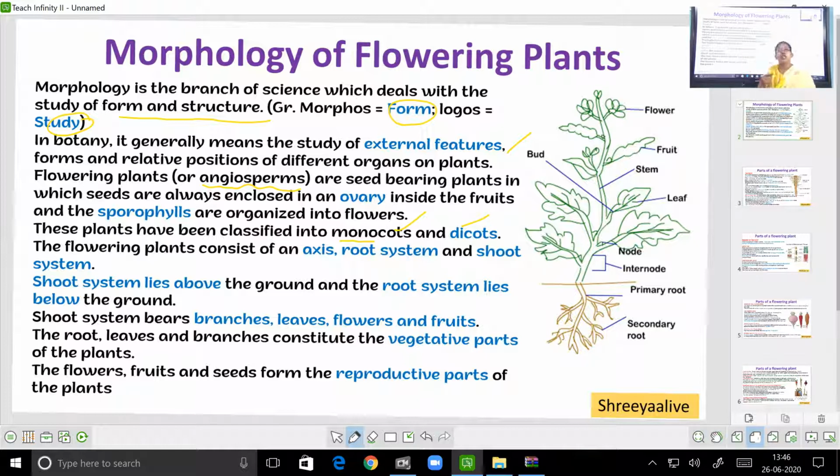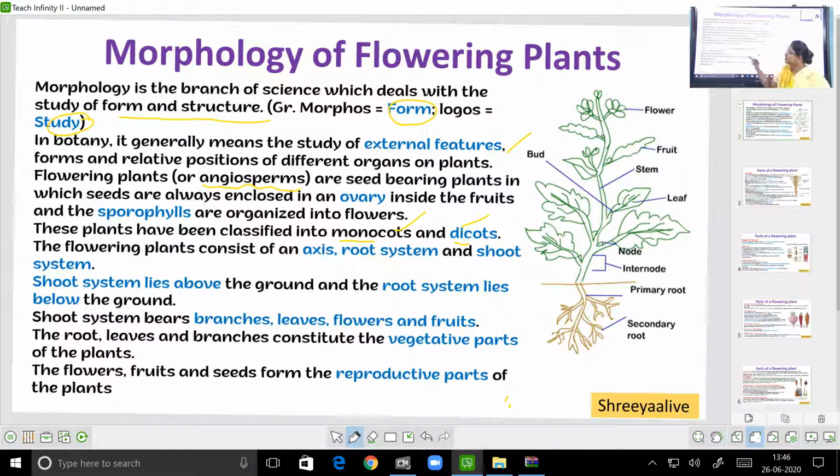The plants which show the presence of two cotyledons are called dicots. The meaning of di is two. So, monocotyledons are those plants which show only one cotyledon, and dicotyledons are those plants which show two cotyledons.